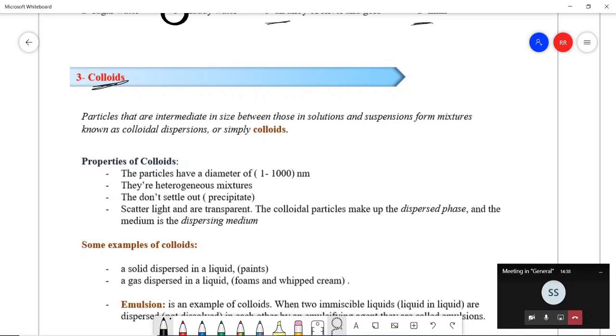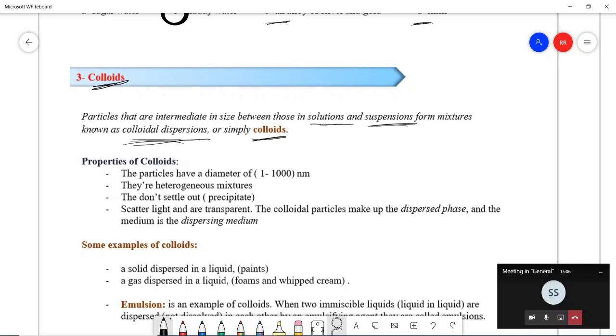Colloids are actually an intermediate between solutions and suspensions. As you can see, particles that are intermediate in size between those in solutions and suspensions form mixtures known as colloidal dispersions, or simply colloids. So colloids, even in their properties, are in the middle.